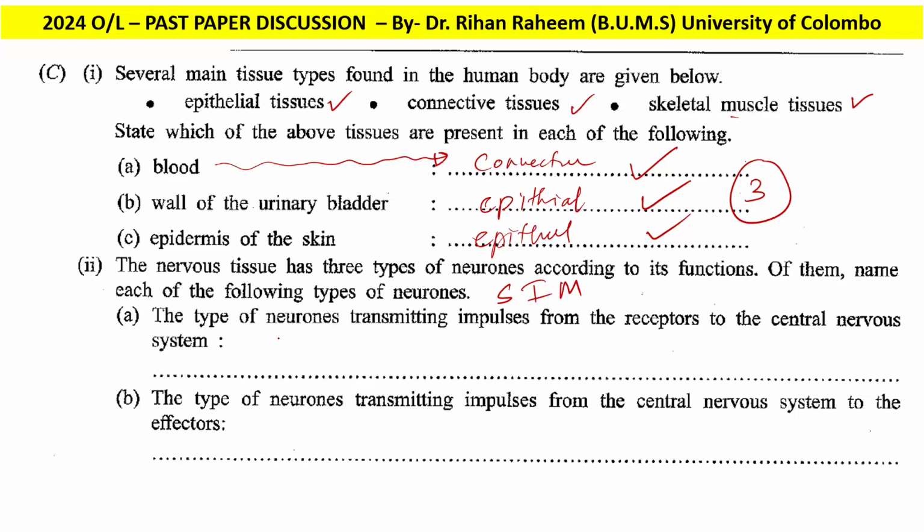Obviously, from the receptor, from the sensory organs to the central nervous system is the sensory neuron. 1 mark for that. The type of neuron transmitting impulses from the central nervous system to the effector, to the glands or the muscles, that is the motor neuron. 1 mark for this.